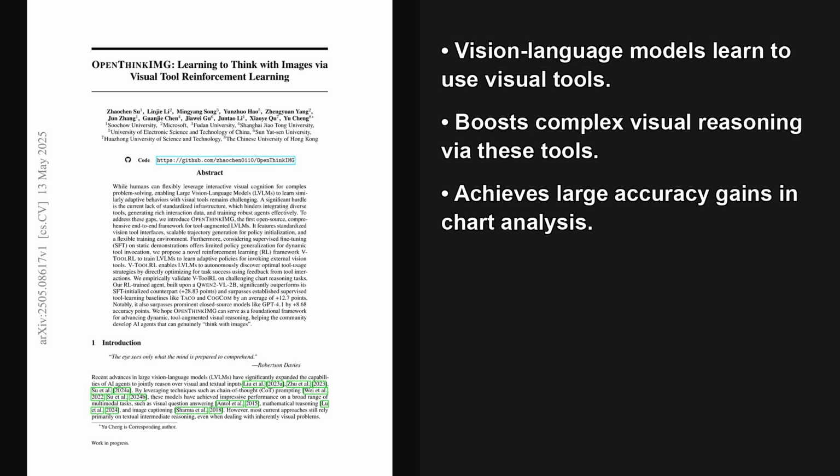They also propose V-TOOLRL, a novel reinforcement learning framework. Reinforcement learning lets AI learn by trial and error from feedback. So V-TOOLRL helps LVLMs discover optimal tool use strategies, improving on supervised fine-tuning, which uses static, pre-labeled examples.